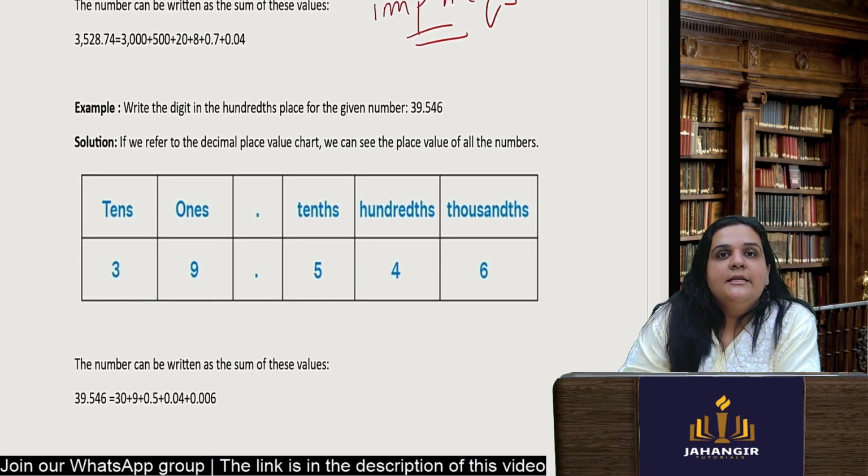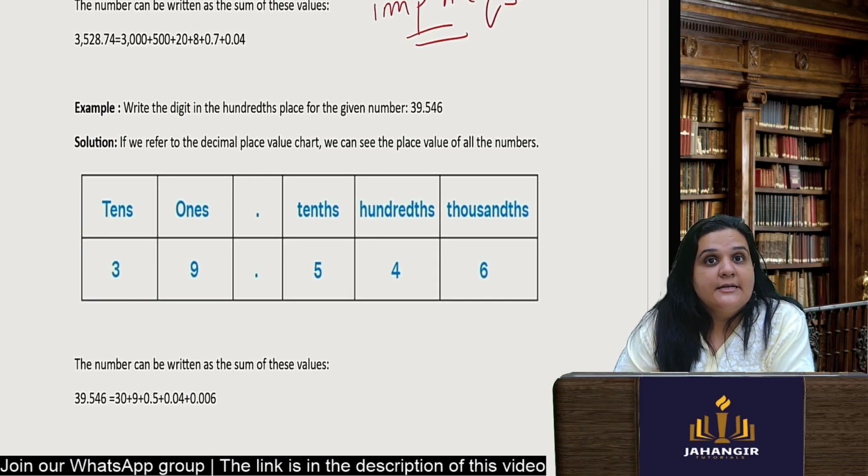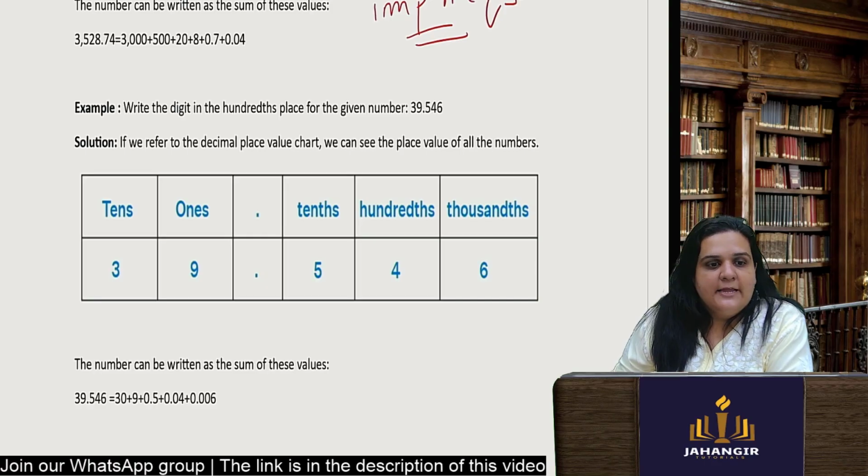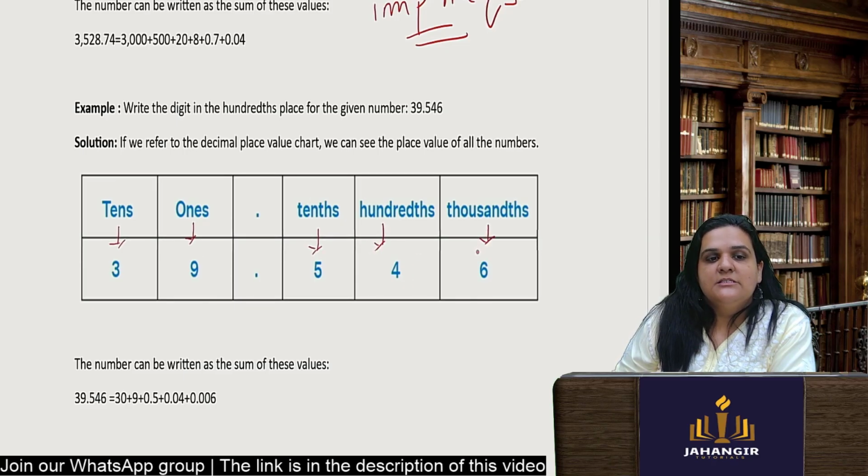Write the digit in the hundredths place, hundredths, not hundreds, for the given number 39.546. I wrote this number. 9 is in the ones place, 3 is in the tens place, 5 is in the tenths place after the decimal, 4 is in the hundredths place, and 6 is in the thousandths place.